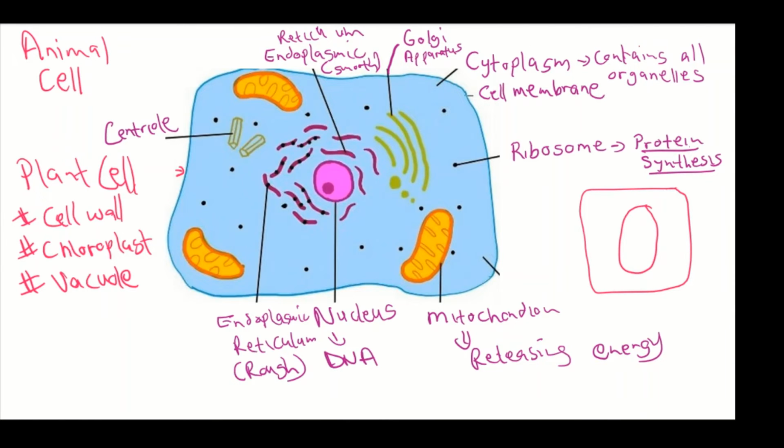So it's responsible for giving the shape for the plant and also store more water for the plant to produce food. And it also has some other organelles, but these are the main organelles that you need to know, which are found in plant cells. Then the rest, which are mitochondria, your cytoplasm, they are also there in a plant cell.